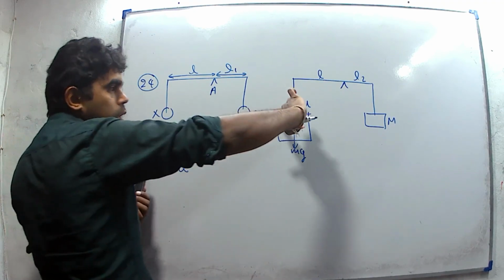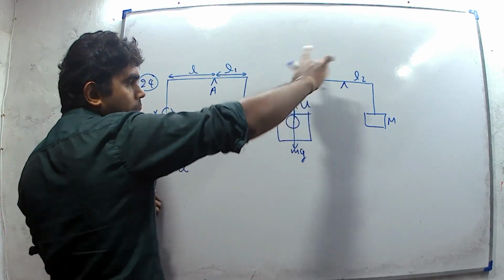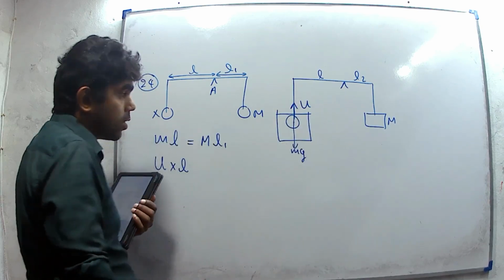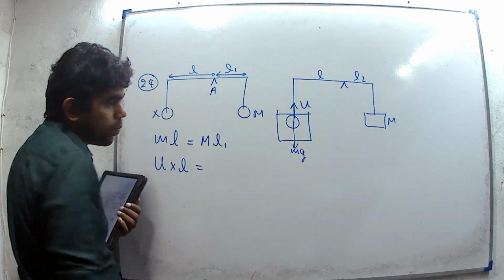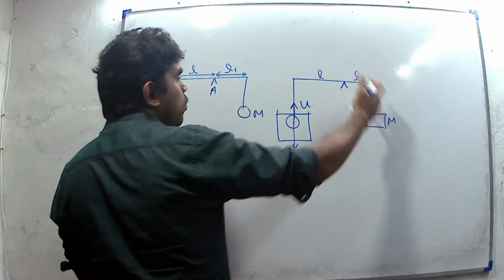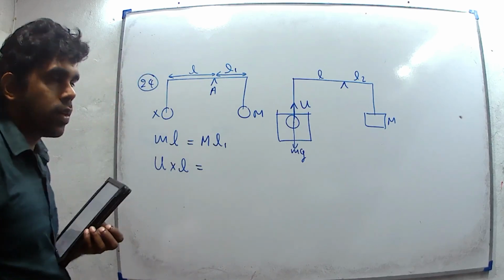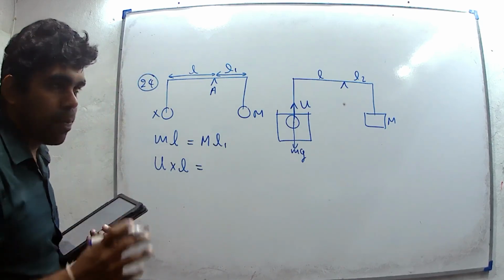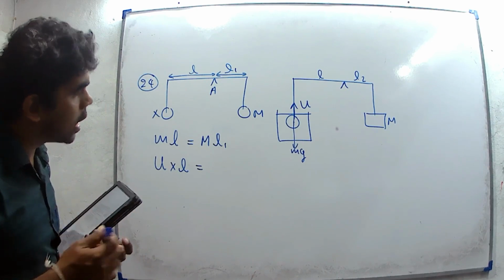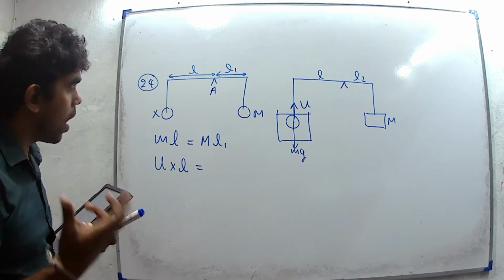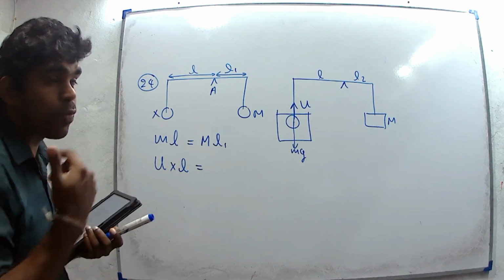The torque given by upthrust for the object X should be equal to the decrease of torque in counterclockwise. We can consider equilibrium of the system, or we can consider change of torque in the system. I have considered change of torque.